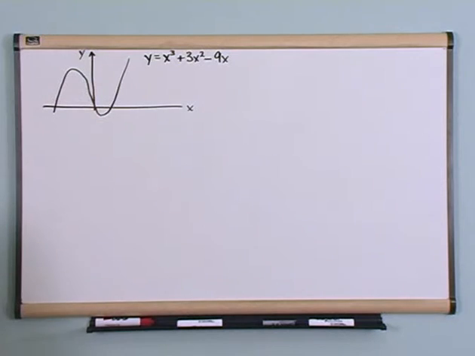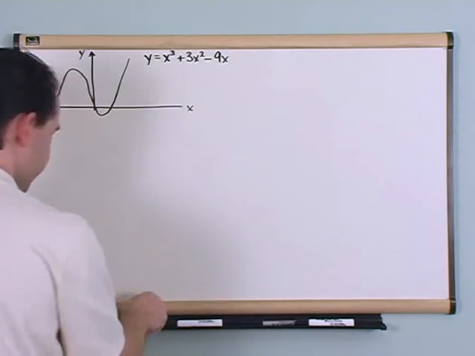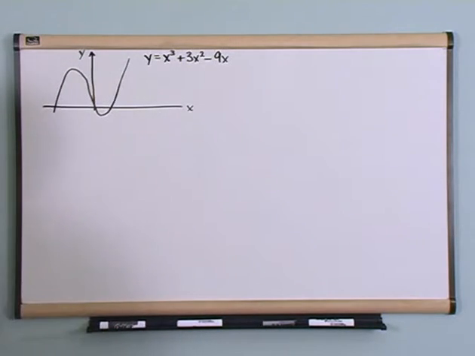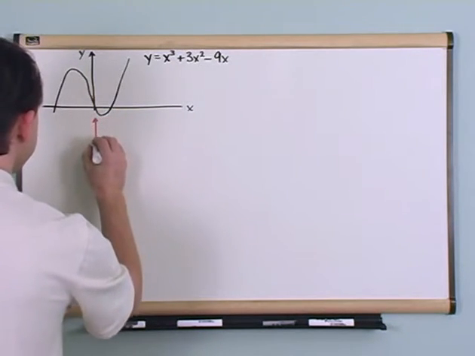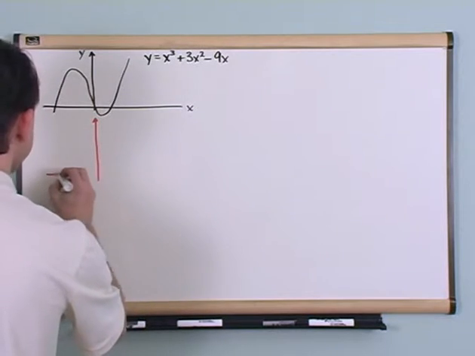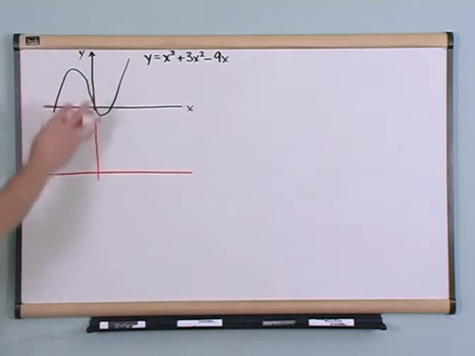What I'm interested in is the basic shape. Okay, now let me change colors here, and let's plot the derivative. So in order to do that, I'm going to put another graph immediately below this one, and I'm going to put the derivative right underneath it, just so we can kind of compare these two graphs.